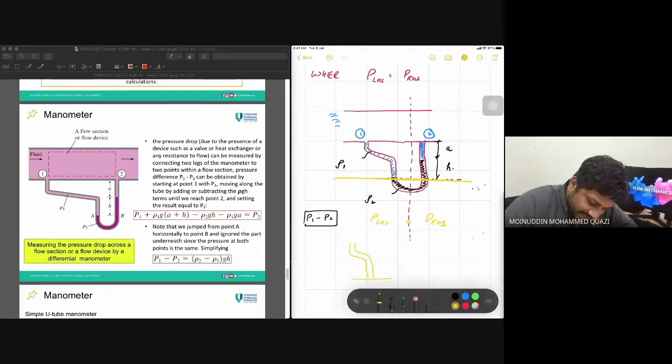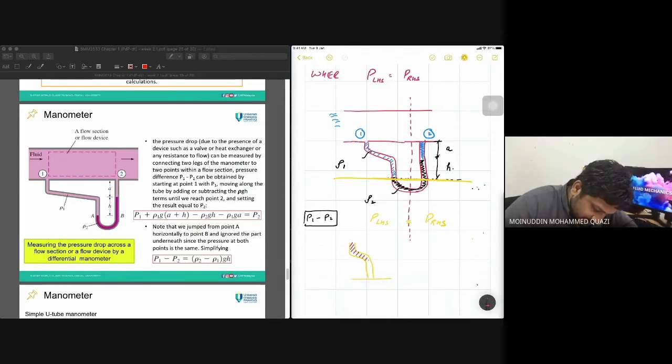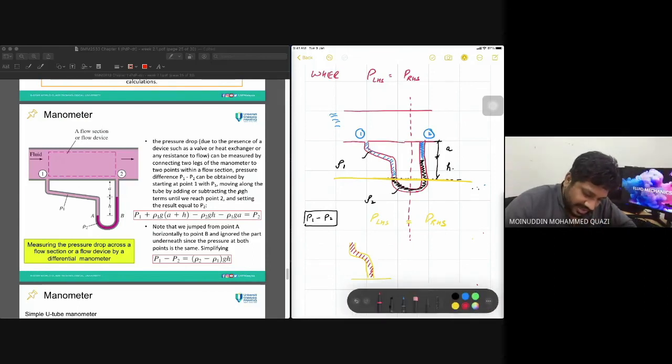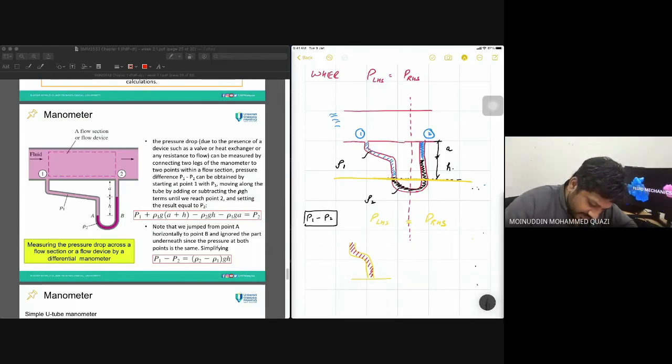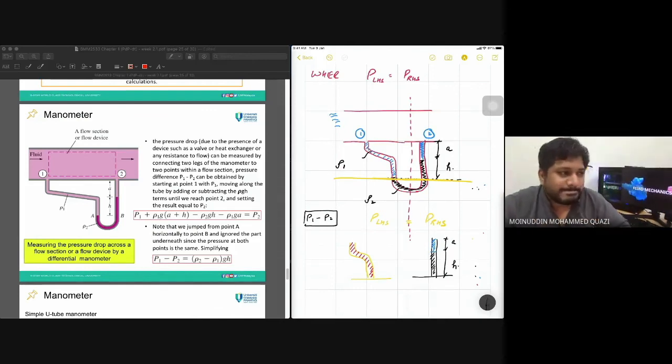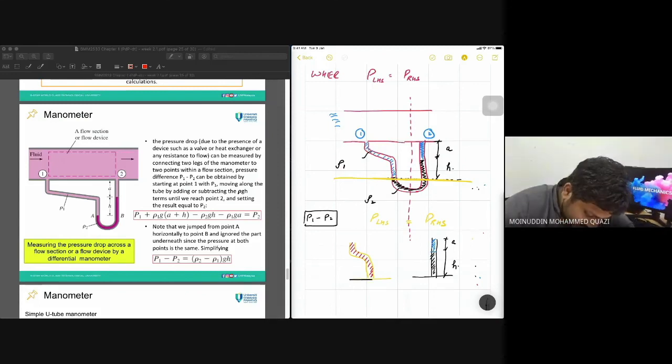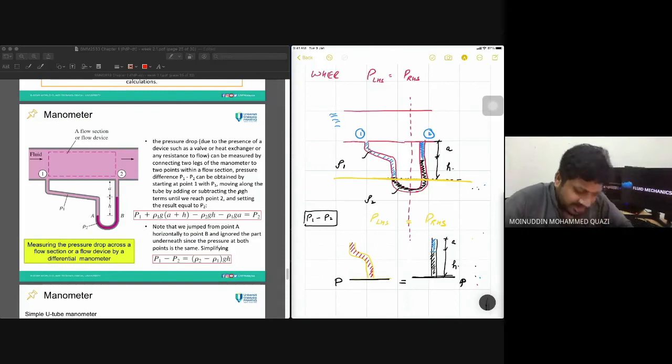On the left hand side I've got only this pressure. And on the right hand side I've got two types of pressure because we've got two types of fluid. This fluid from here to here is A. This fluid from here to here has a height of H. Okay. At this point and at this point the pressure is equal because they are on the same horizontal surface.